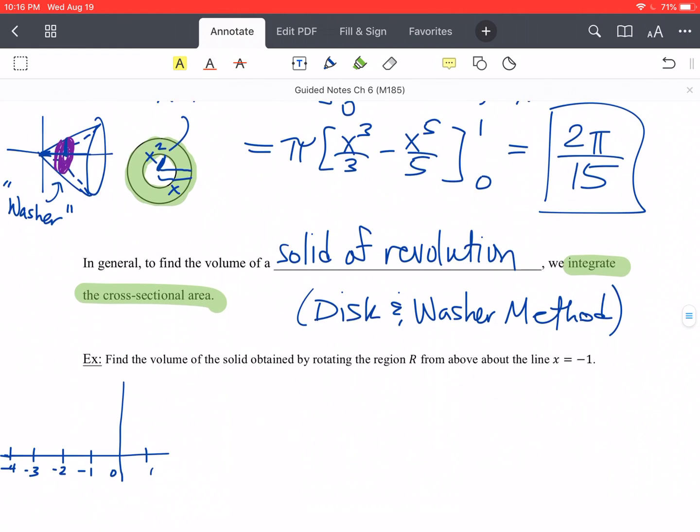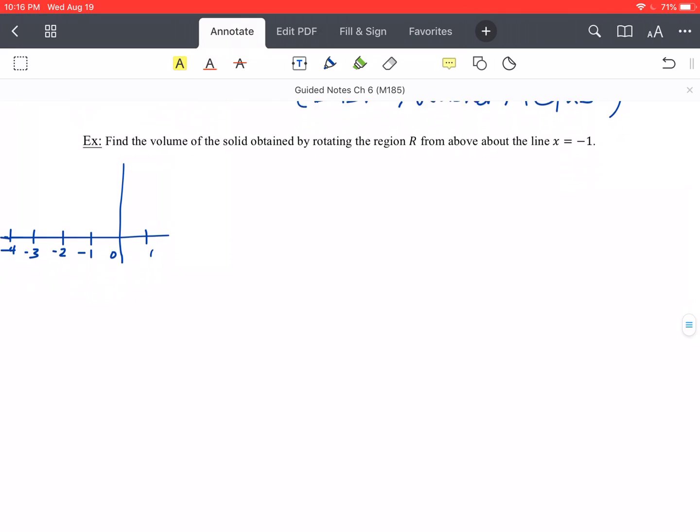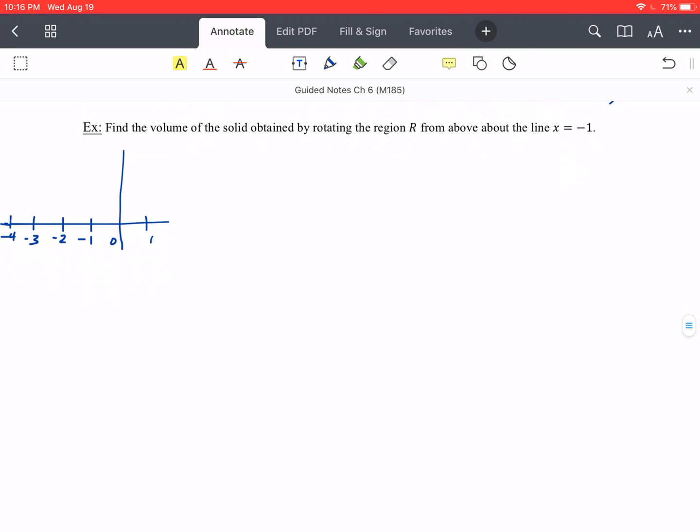So let's look at one more example to wrap this up. So find the volume of the solid obtained by rotating the region R from above. Oh, did I mess that up? Oh, I need to learn to read my own questions better.